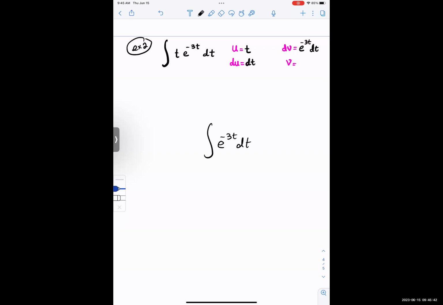The integral of e to the x, or e to the u du in general, is e to the u. But then this one is negative 3t. So I'm going to do a w substitution, letting negative 3t be equal to w. I'm going to name it w this time, so it's not confused with the u and v up there. So dw is negative 3 dt.